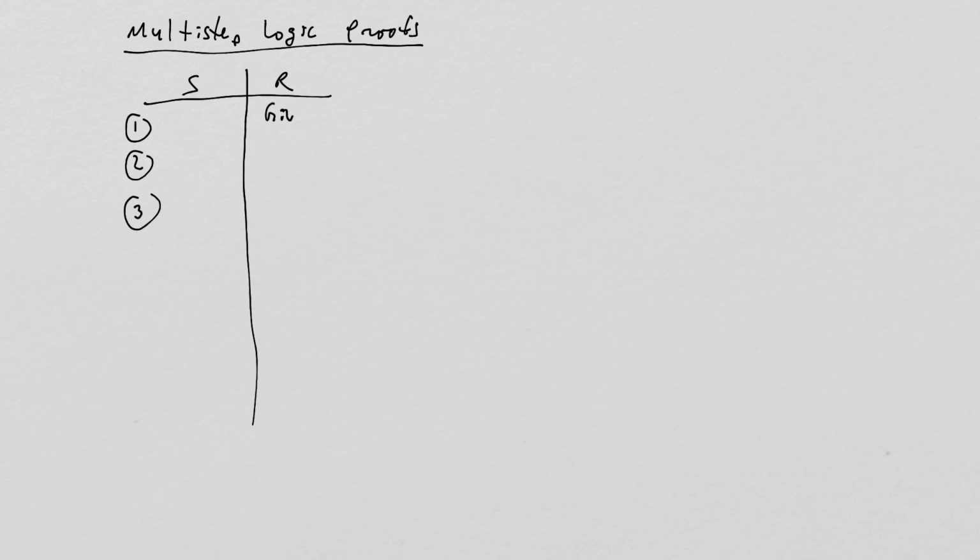Now we can use these 4 rules to do some multi-step logic proofs. It looks like this: statements, reason. I'm going to give you 3 statements that are given.